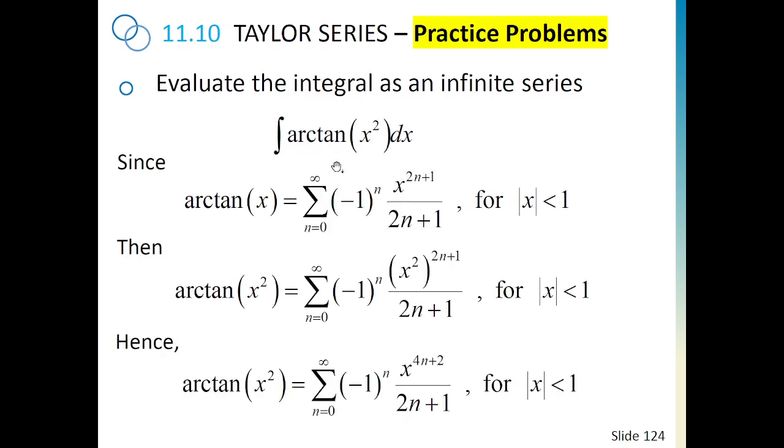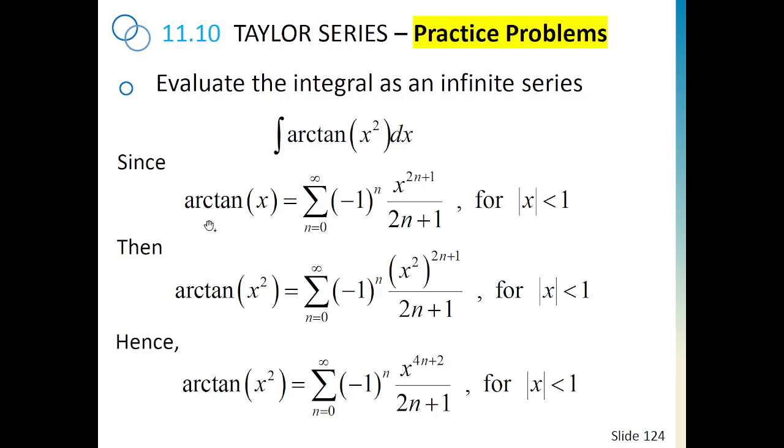Another example with tan inverse of x squared. So tan inverse is one of those series that we need to remember. Or if you don't remember, you could actually integrate 1 over 1 plus x squared, that series, and get the tan inverse. And that series also comes from the geometric series that we used in 11.9.